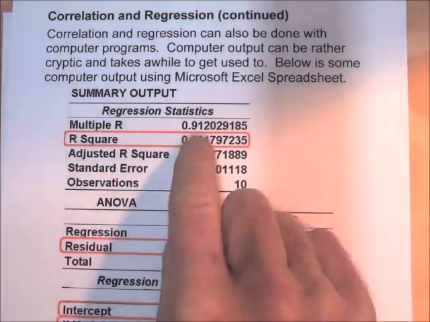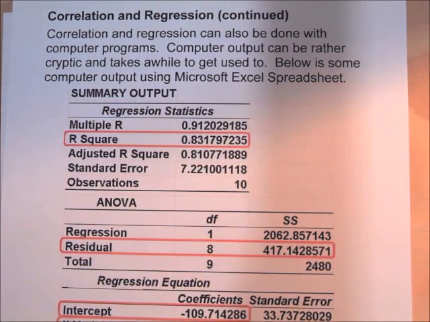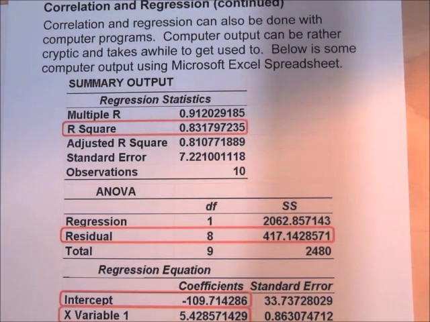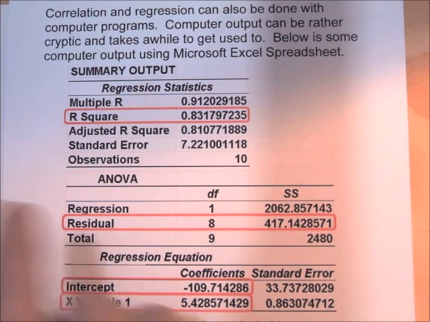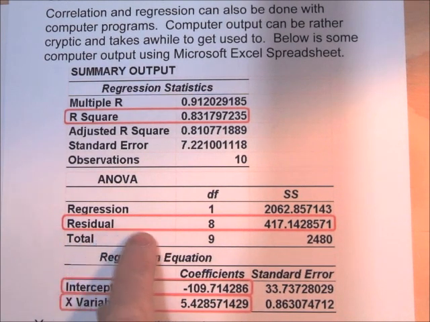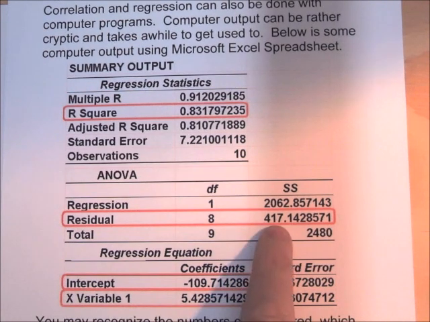R squared, that's the proportion of variability, that's 0.83 or 83%. So you have to read through and pick out the information from the computer output. Where it says residual, this is actually the sum of the squared residuals. It's 417. That's what we got before.